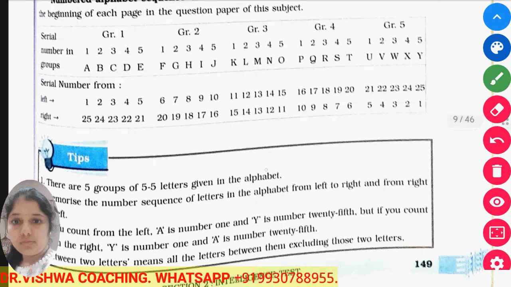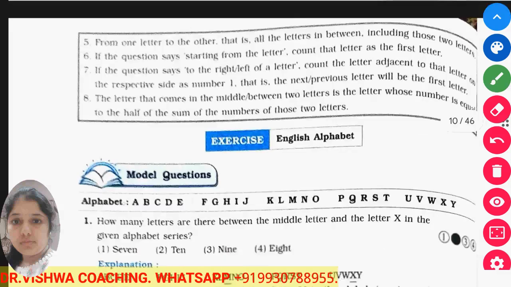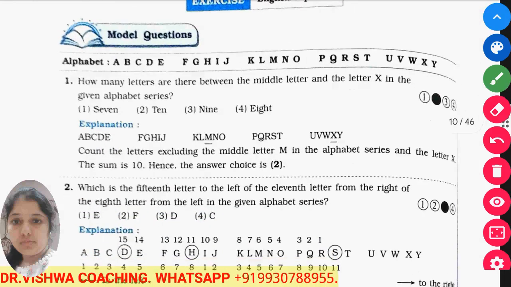Whenever direction is not mentioned, always assume from left to right. Right side is your right side, not the board's right side or the paper's right side. Left side is always your left side. Now some problems are based on this alphabet series.